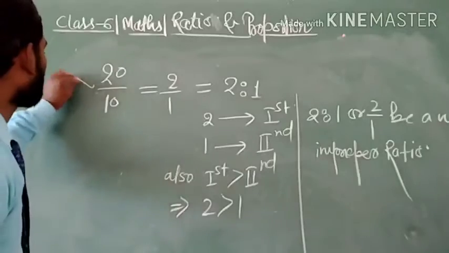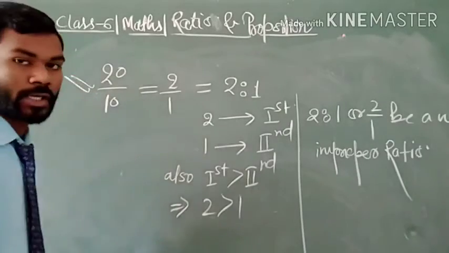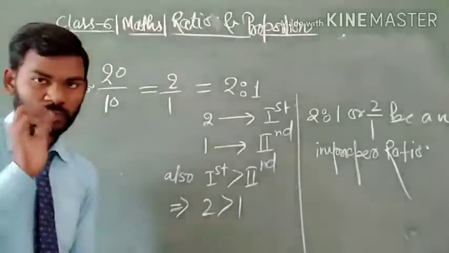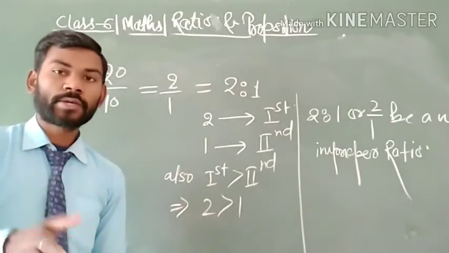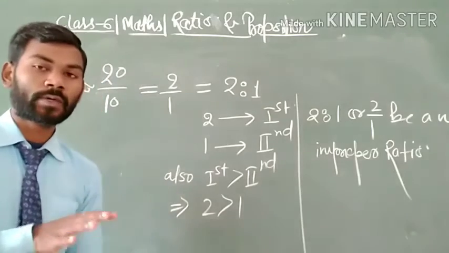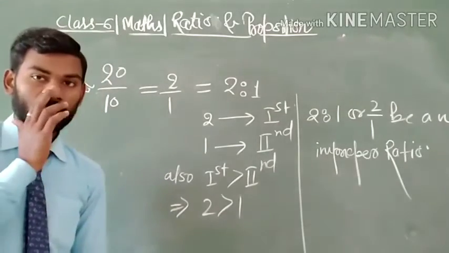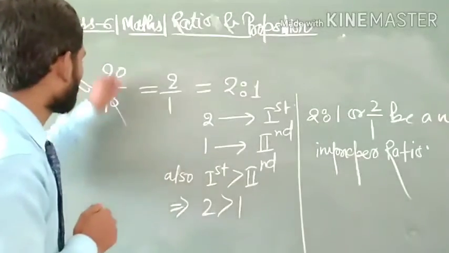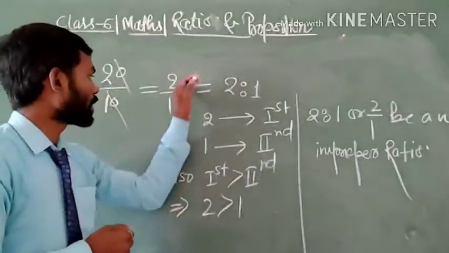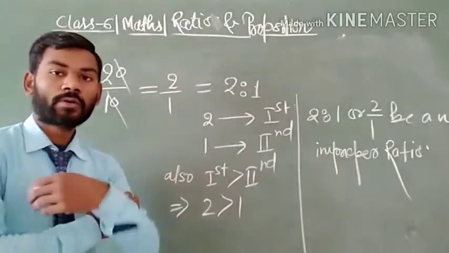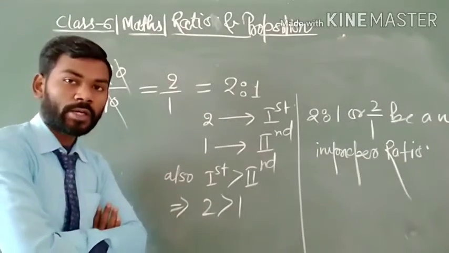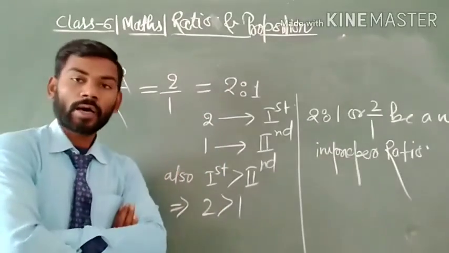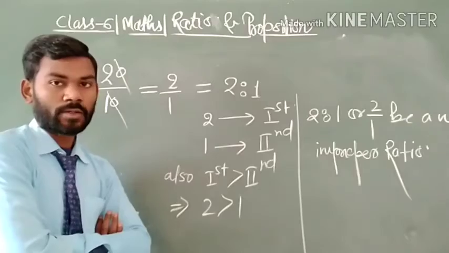Let's understand it once again. Here a given ratio is 20 upon 2. So in order to compare them, first of all, we need to convert them into their lowest form. Here we convert them into lowest form. We get 0 and 0 cancelled out. We get 2 upon 1, which can also be written as 2 is to 1 or 2 ratio 1.